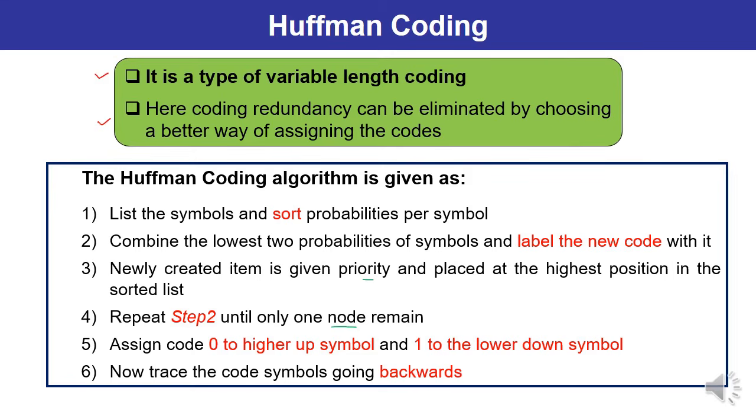In this process, you assign code 0 to the higher up symbols and code 1 to the lower down symbols. Then you have to trace the code symbols going backward. The algorithm is applied moving from left to right, but while writing the code you have to write it from right to left, the backward direction.